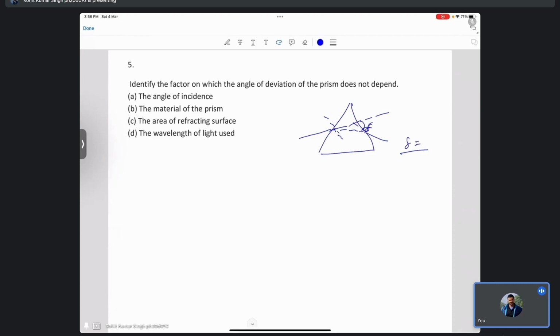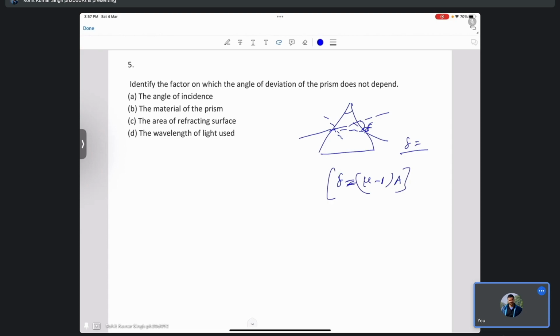Okay, so let me go one by one. Does it depend on the angle of incidence? Why do you think so? Why not the angle of incidence? So we have this formula of deviation, right? Mu minus 1 A. Here you don't have the angle of incidence in this formula, right?